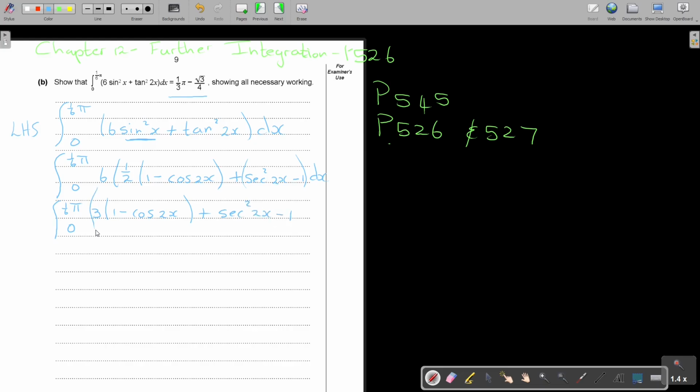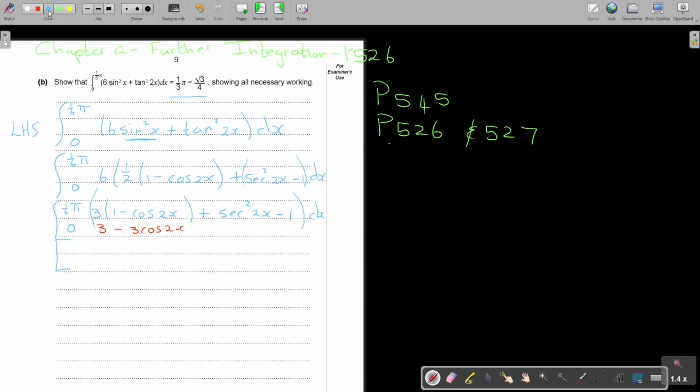And don't forget that it was integrating 2x. Okay, so now I have the identities in, and now I can go into the integration. Just take note that this is actually 3 minus 3 cos 2x, if I wanted to put the extra step, but you can keep it in mind.